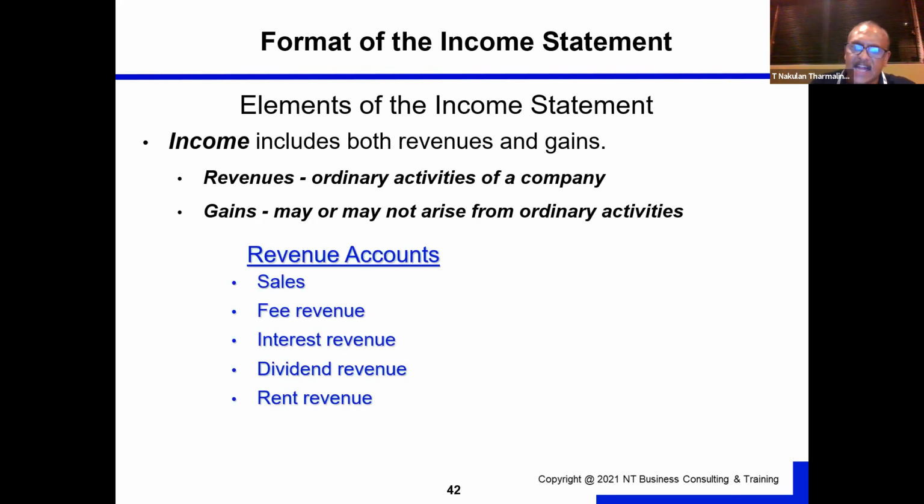You could have sales, fees, you could place a lot of fixed deposits in the bank and earn interest revenue, or you could have bought shares in certain companies, if you are allowed to in your business practice, and you will probably receive dividend revenue. Or in the case of your business property, part of your property is being rented out to other tenants. If you receive rent, these are all incomes in your income stream in your company.